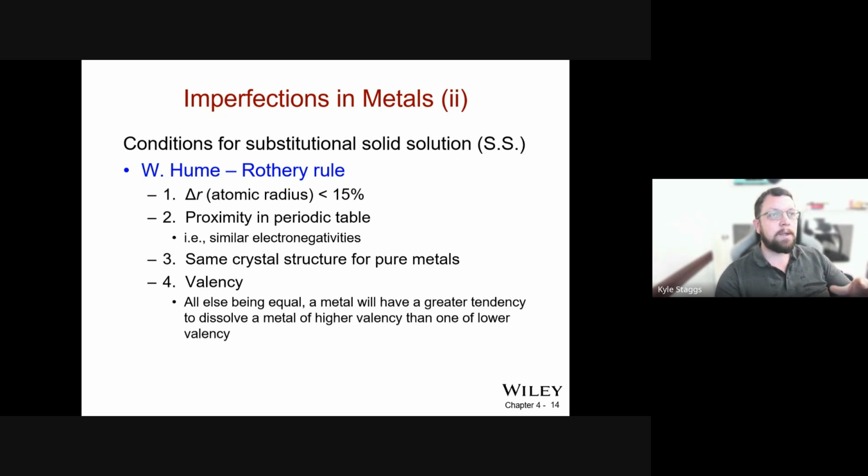The readily available cloud of electrons is part of that driving factor. There are a couple other things that can contribute as well, but the key is, all else being equal, higher valency atoms are going to be easier for a material to absorb.